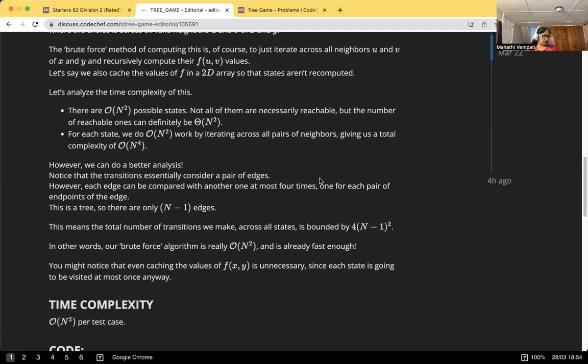Transitions are a pair of edges, that's true. One is A's edge and B's edge.